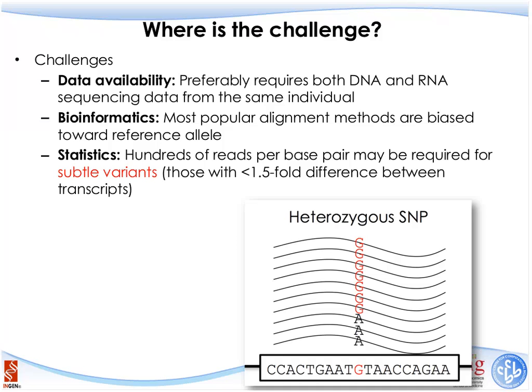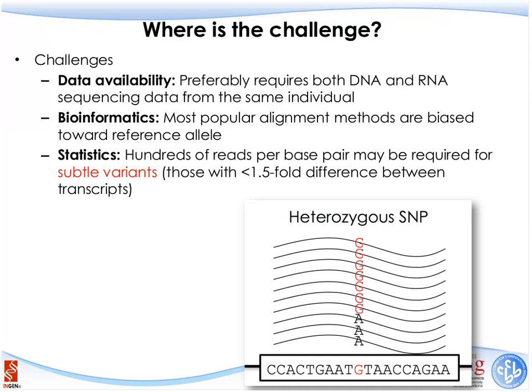In order to identify a subtle expression difference between two alleles, where subtle means a 1.5-fold difference or less, we may need hundreds of sequencing reads per base to be able to call allele-specific expression more accurately. I will have one slide talking about the power calculation or sample size justification for that.